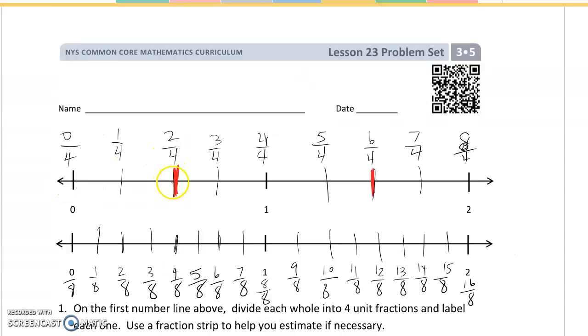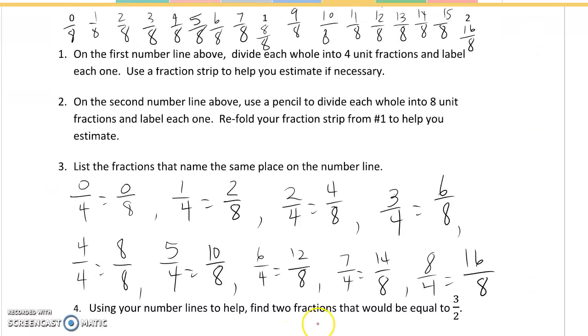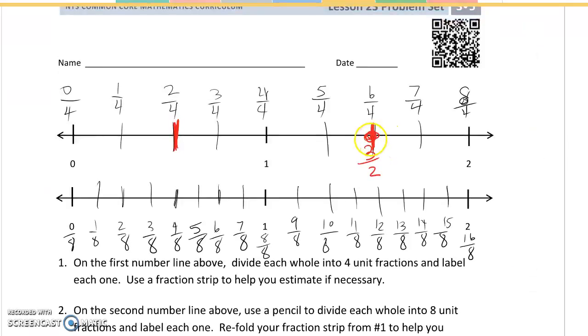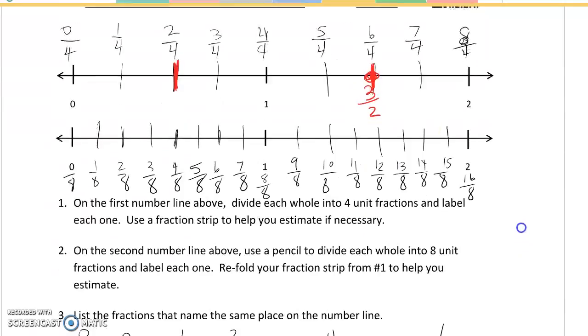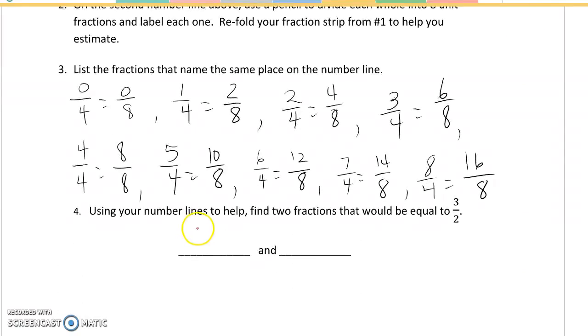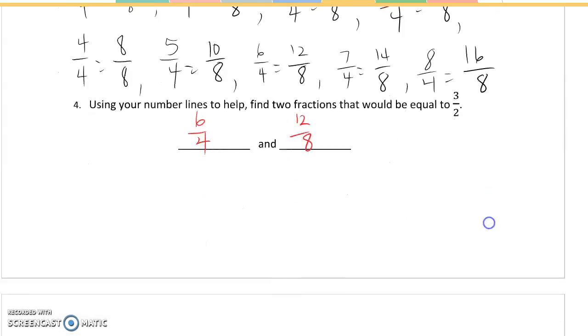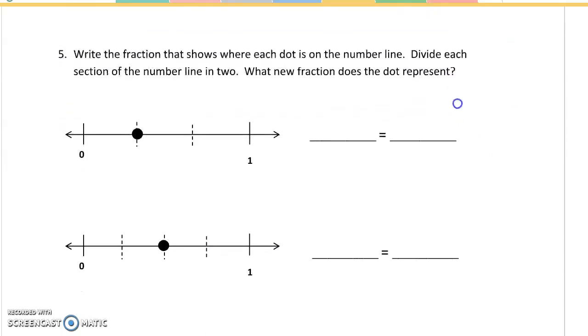This is 1/2, 2/2, 3/2. So this is 3/2. It said two fractions. Well, that is the same as 6/4 and 12/8. So I found my two fractions. Down here I'm going to write 6/4 and 12/8. Those are equal to 3/2. That was complicated.